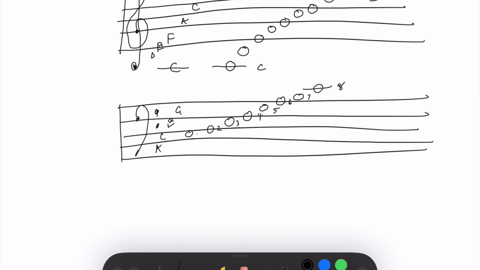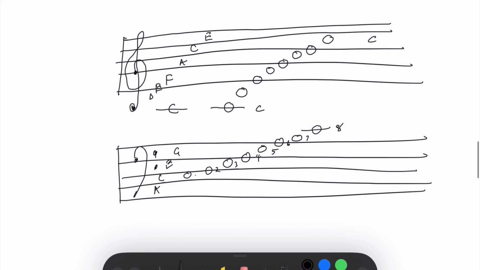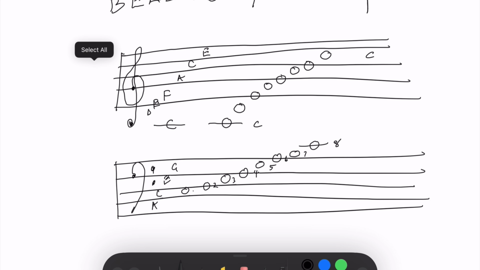And that's how to construct a major scale of C major. So we've constructed right now C major scales in both the treble stave and the bass stave. We'll do the same for F, and then you can do the one for G as an assignment.